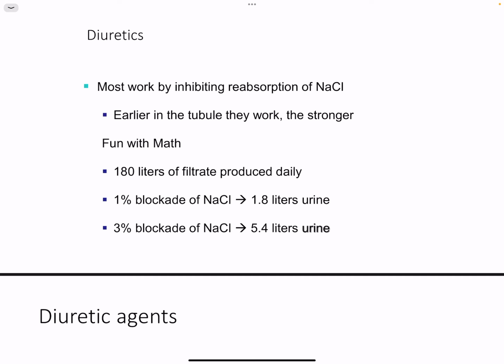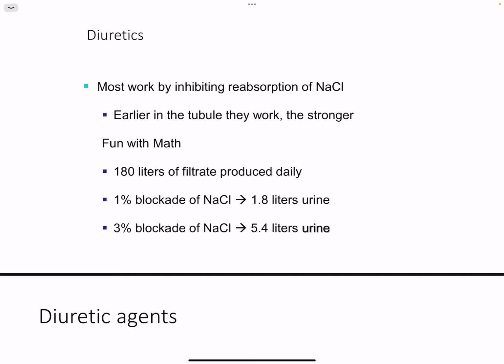You will see, go back. Earlier in the tubule the diuretics work stronger. Who are the stronger? The diuretics. Earlier in the tubule means if it works in the proximal tubule, it will be stronger.